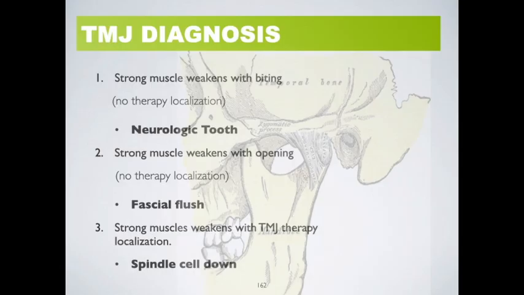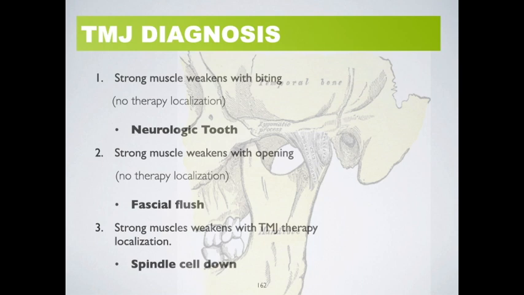Here's another kind of nutshell. Strong indicator muscle weakens with biting, no TL, think neurological tooth. Strong muscle weakens with opening, no TL, think fascial flush of any of the closing muscles.